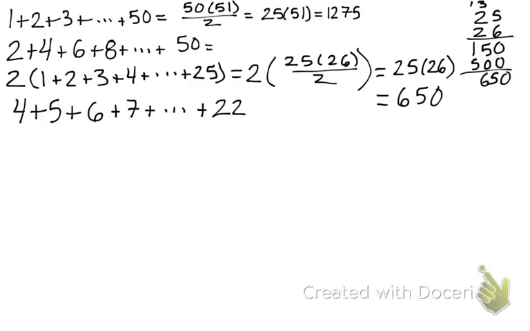So if we have something like this, is it of the right form to use our sum of the first n integers? Can we go ahead and use our sum of the first n integers on this example?